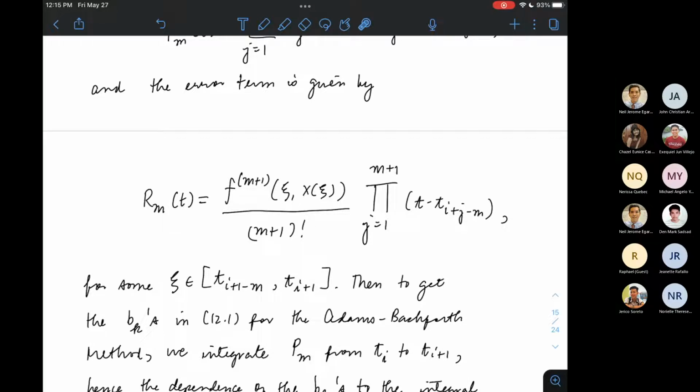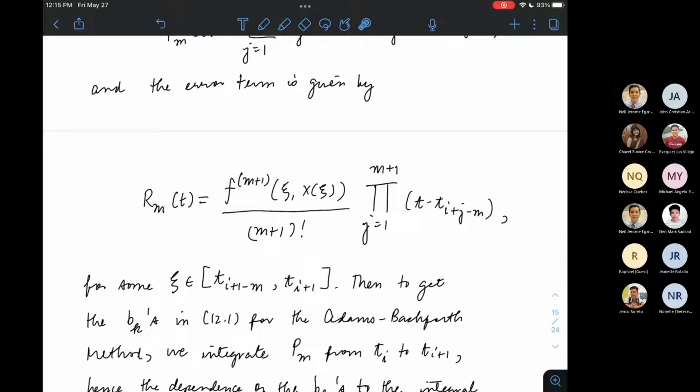All right? So, remember last time, sa Adams Bashforth, yung error dun sa Lagrange interpolating polynomial ay the mth derivative of f evaluated at some number c, all over m plus 1 factorial, and then what comes with it is a degree m polynomial.